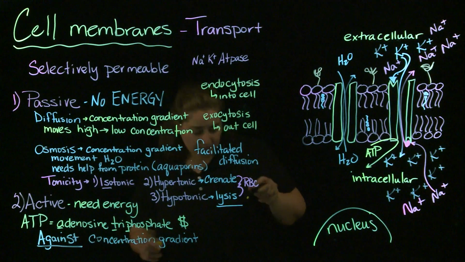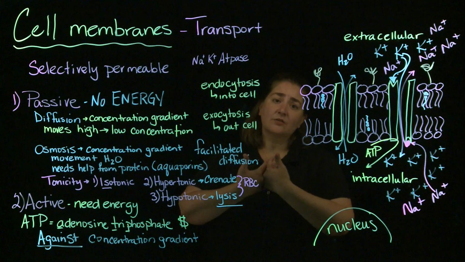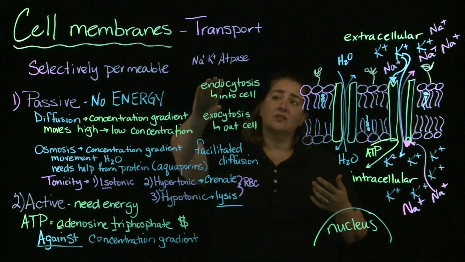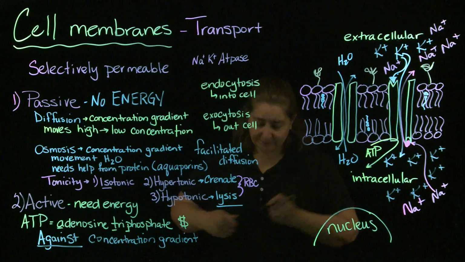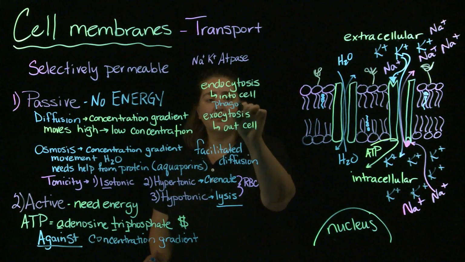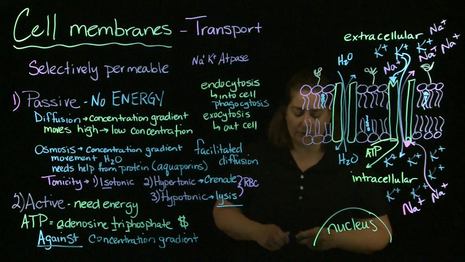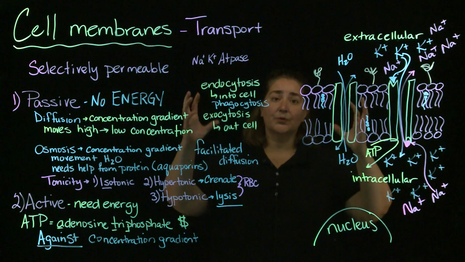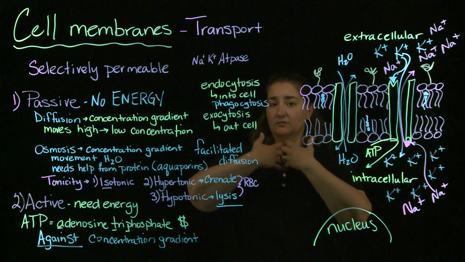All right? But in terms of that endocytosis, you may also see it in older textbooks tagged as phagocytosis. And really what it's talking about with phagocytosis is bringing something from the environment into the cell. Okay?